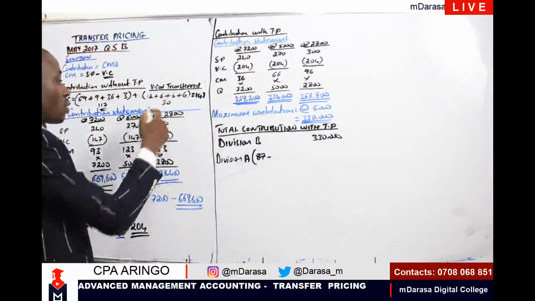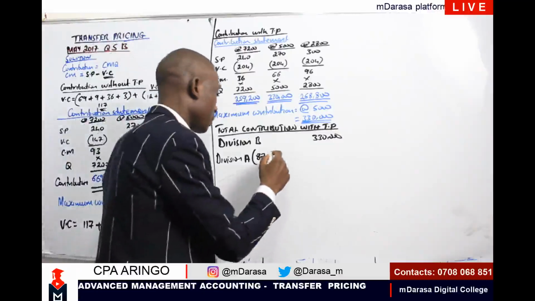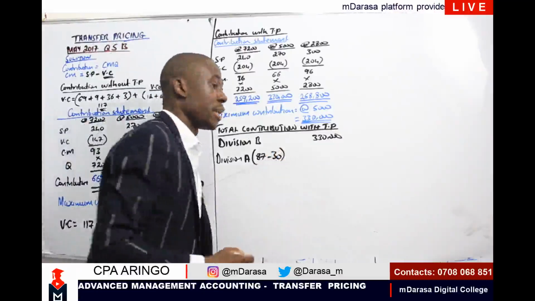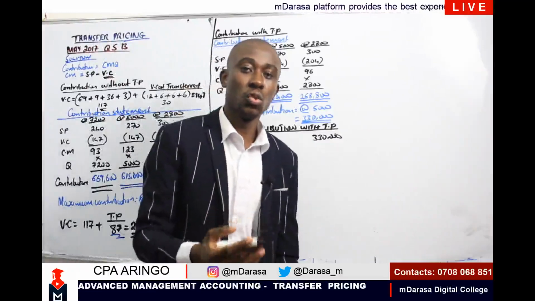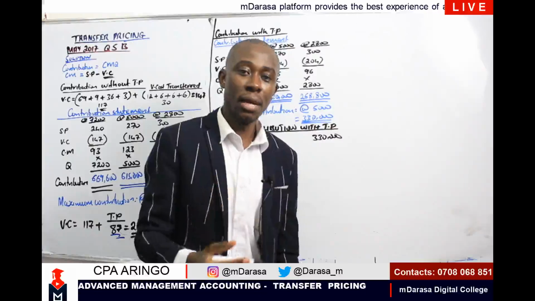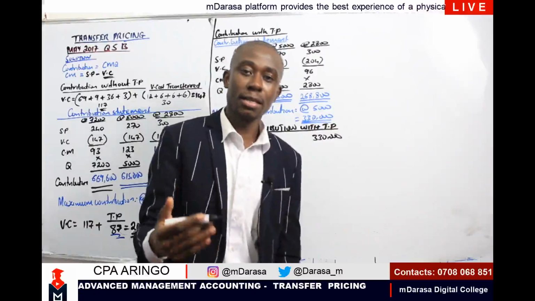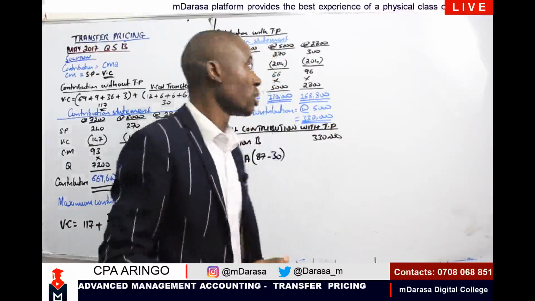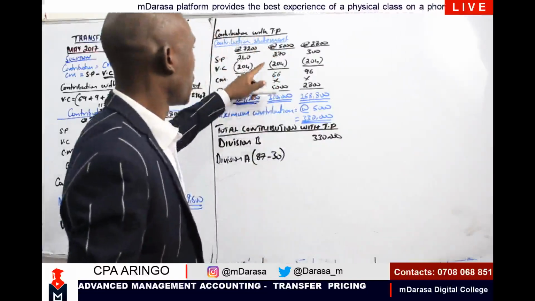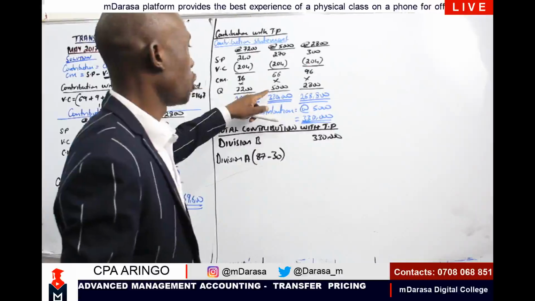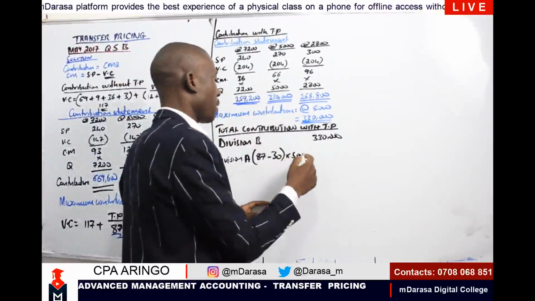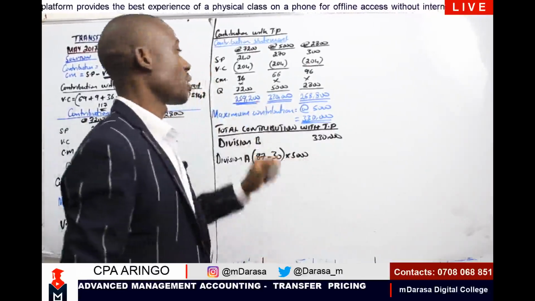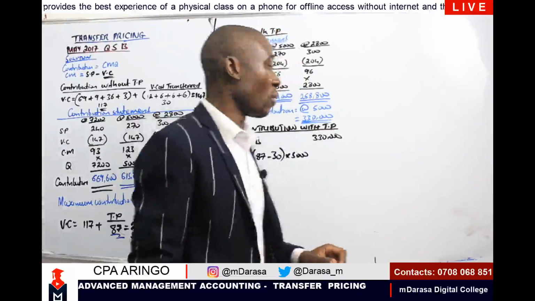Variable cost transferred was 30. And how many units are we transferring to division B to maximize this contribution? The units that will maximize our contribution is 5,000 units.